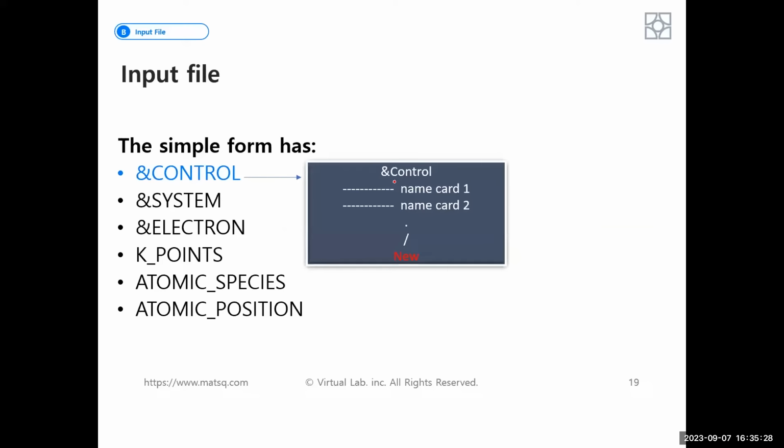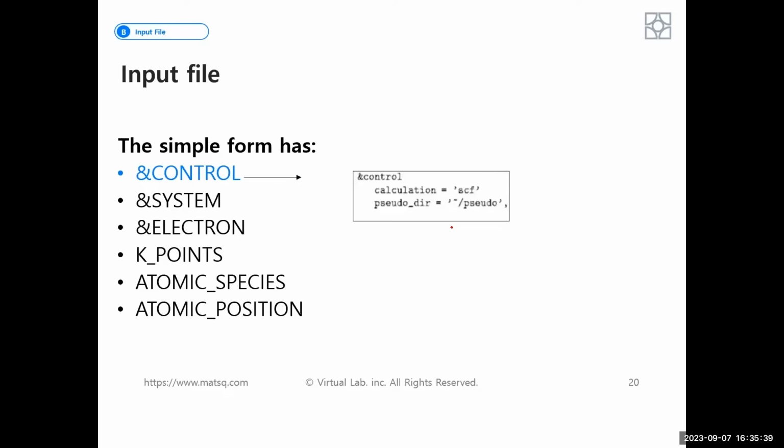So starting with the control, this is how it will be written. We will write &control. We have to introduce something called name card 1, name card 2, etc. What actually are these name card 1 and name card 2? Let me just give you an actual example. This is taken from a real input file of Quantum Espresso.